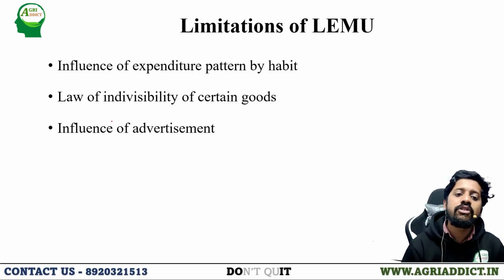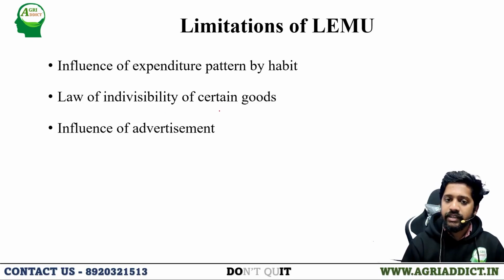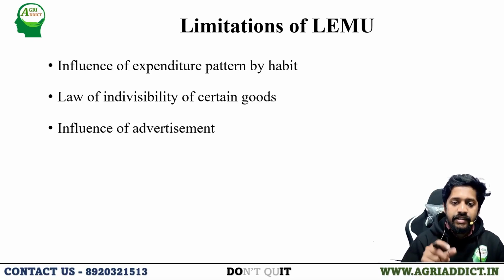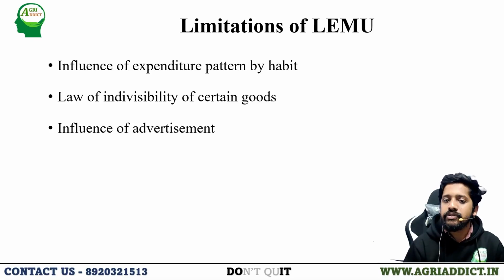The second one is the indivisibility of certain goods. As we have already discussed, it was one of the basic assumptions of the law of equimarginal utility that goods have to be divisible as well as substitutable. So indivisibility of certain goods can cause a limitation for this law to work properly. And the third one is the influence of advertisement.